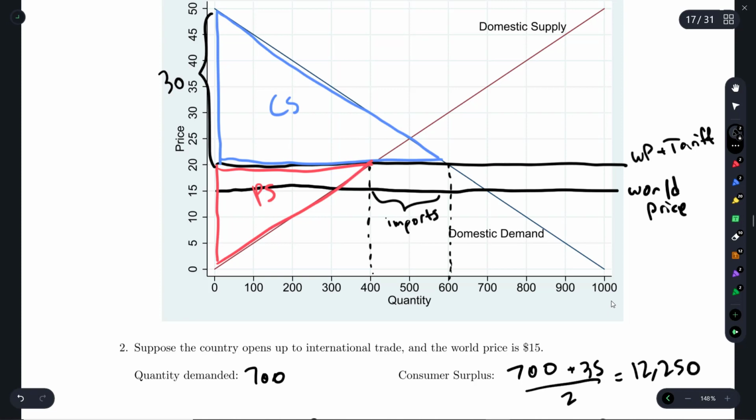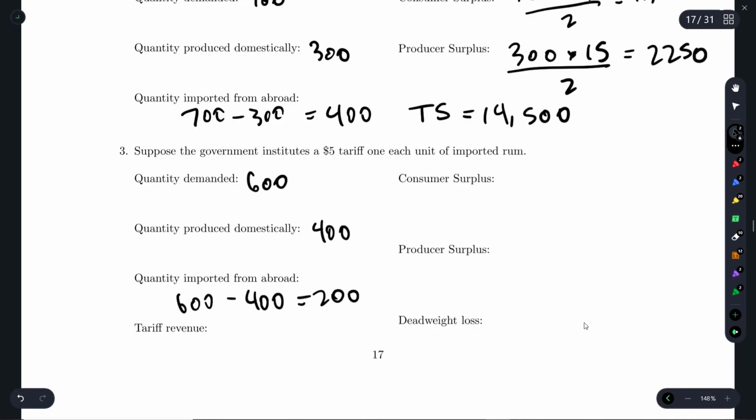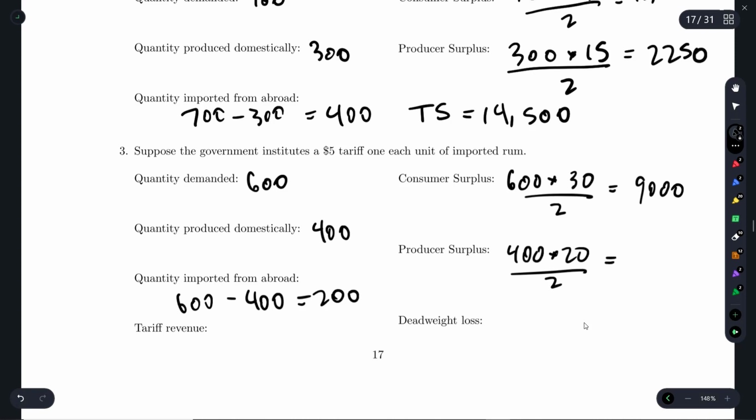Producer surplus, base of 400, height of 20. Go ahead and calculate those. Consumer surplus is going to come out to 9,000. Producer surplus comes out to 4,000. This just leaves our tariff revenue and deadweight loss.